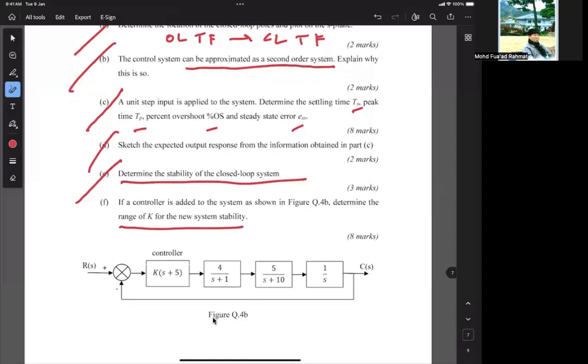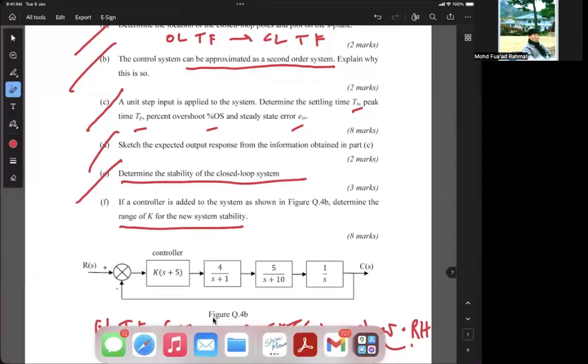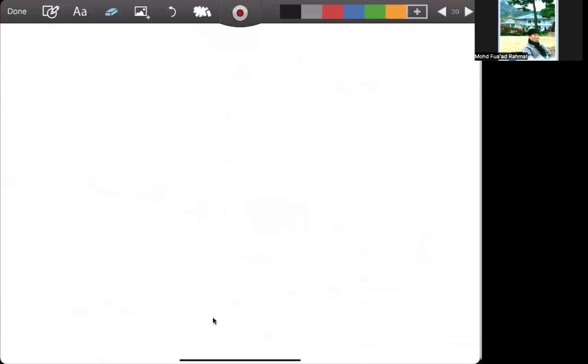So what you do is you find the open loop transfer function first, and then you find the closed loop transfer function, and then you find the characteristic equation, and then go to the Routh-Hurwitz table. So what I will do is I write the open loop transfer function.